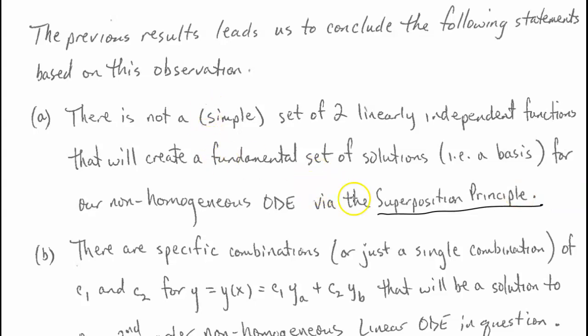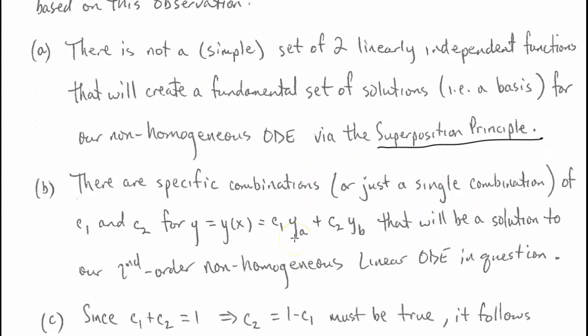The second thing is that we know that there are specific combinations of C1 and C2 that will be a solution to our second order non-homogeneous equation.